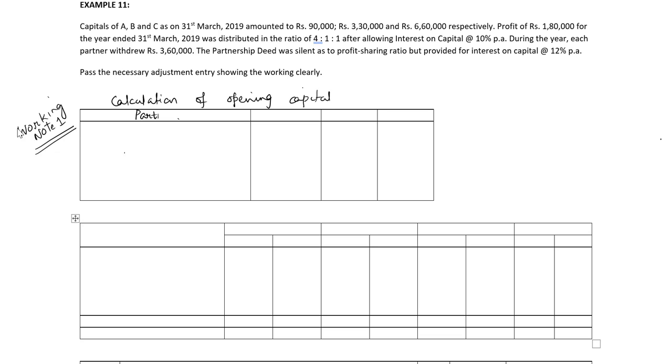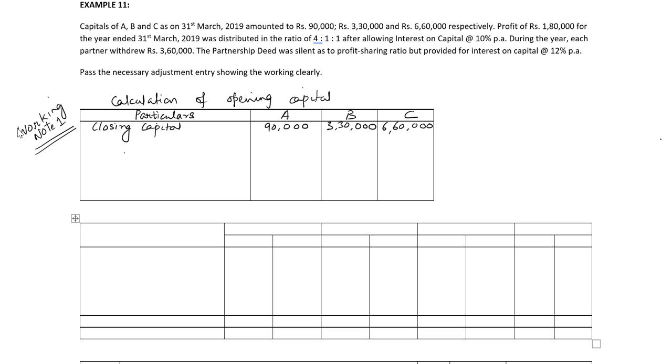Particulars: A, B and C. Let's begin with the closing capital. The closing capital of A, 90,000 rupees. For that of B, 3,30,000. And for C, rupees 6,60,000.